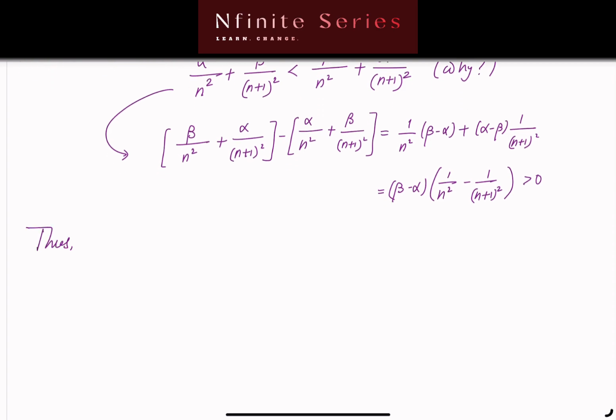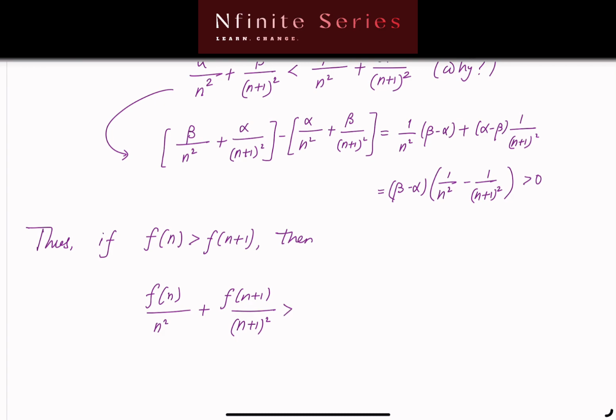Thus, in the given problem, suppose fn is greater than fn plus 1. Then let's see what happens. Consider the following sum, and in this sum we can observe that the numerators are not on their natural position. From our intuition, what we just proved earlier, it means that if you bring the numerators on their natural position, you actually decrease the series.